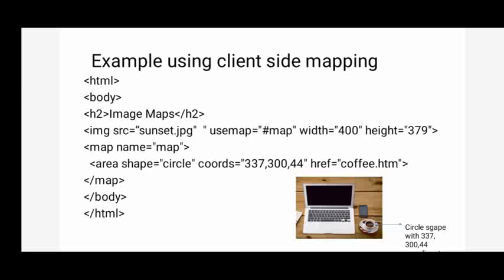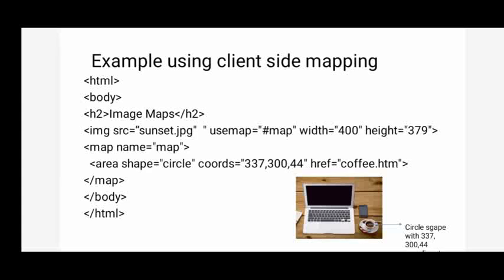Now, which file have I linked? Coffee.html. Okay, see, for coffee.html I have given one arrow mark. There, coffee is there, no? So when you click on that coffee, where will you go?